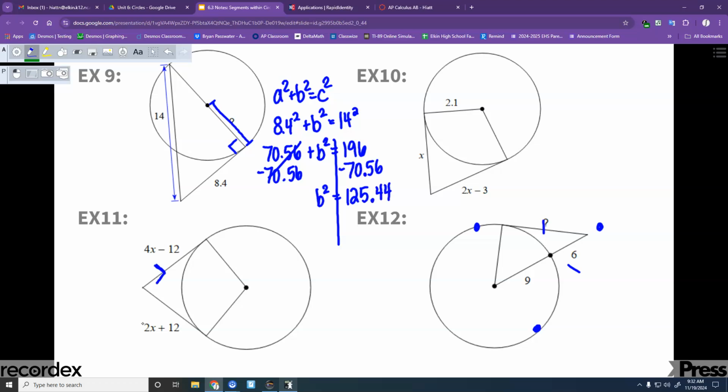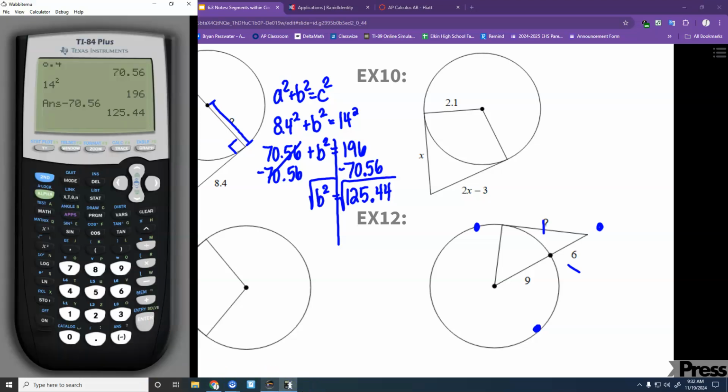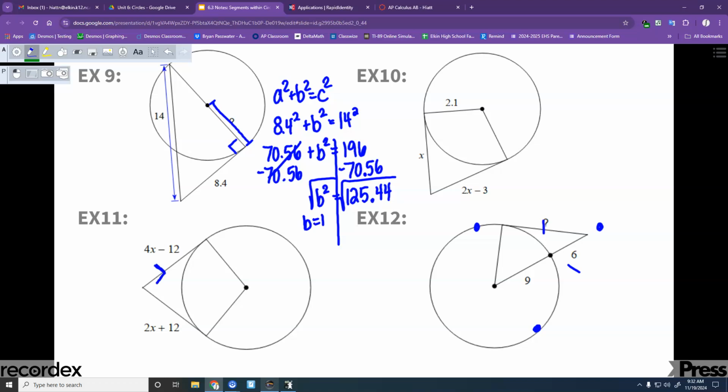And then, Angel, what's the last thing we've got to do there? The square root to get rid of the square. Where's the square root on the calculator since we're using those? Second, x squared. We'll get to the square root. 125.44. 11.2. So, oh wait. Is that our answer?